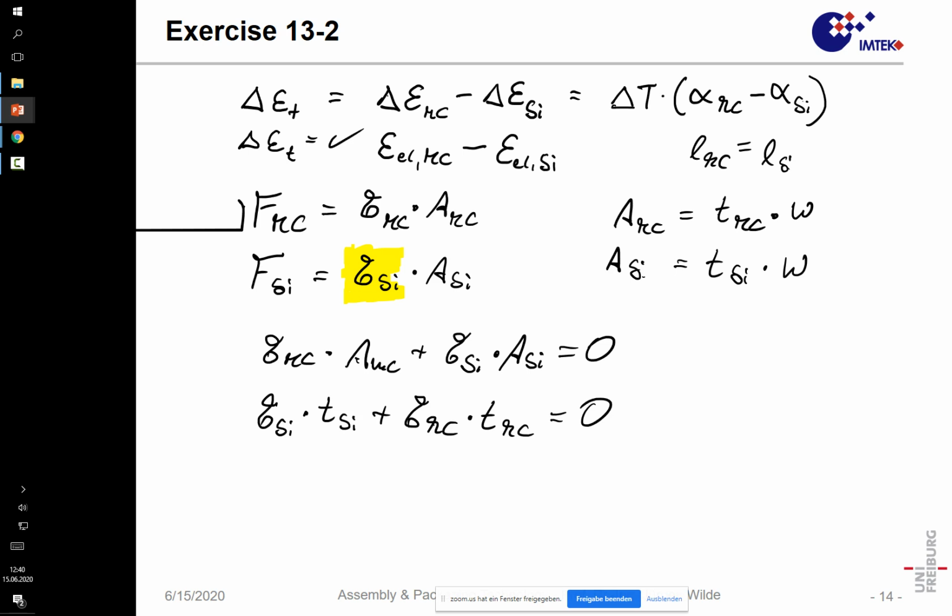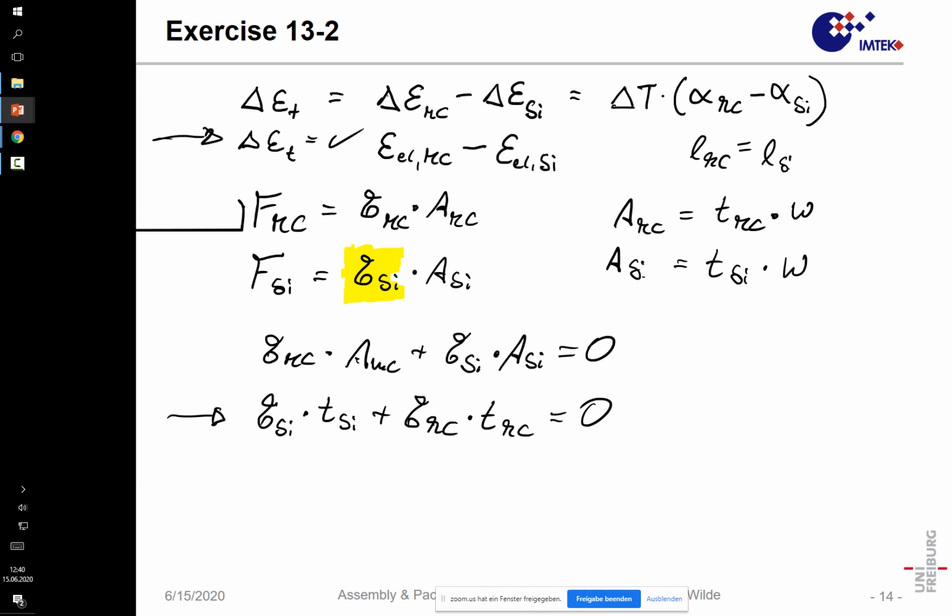So here we got one formula. Here we got a second formula, which is important.